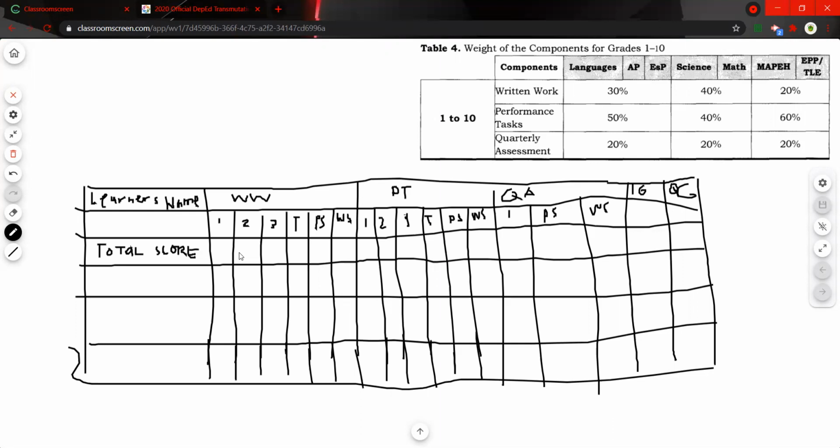Here is the total score of our activities.